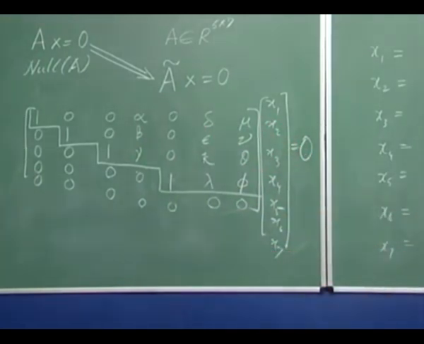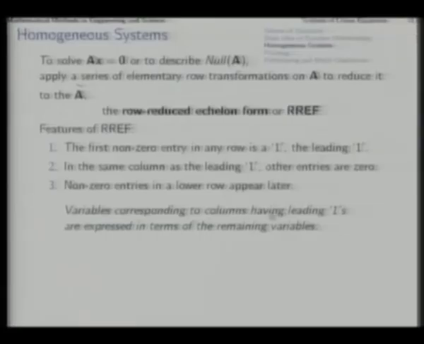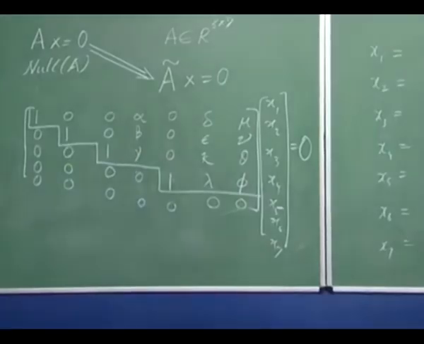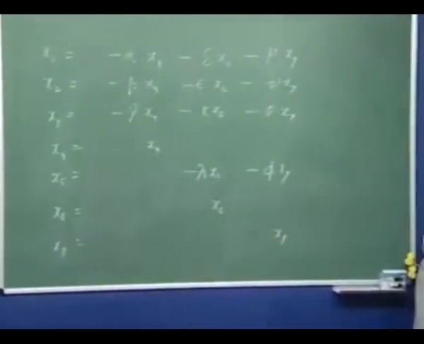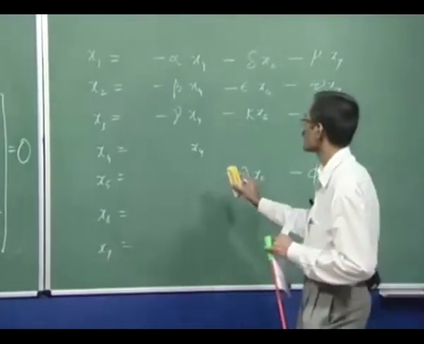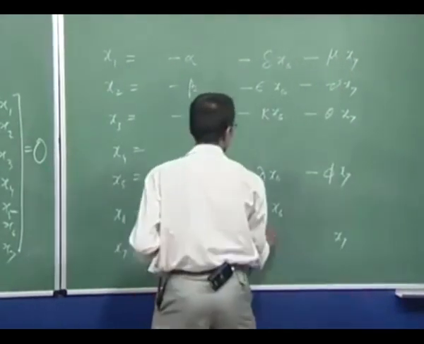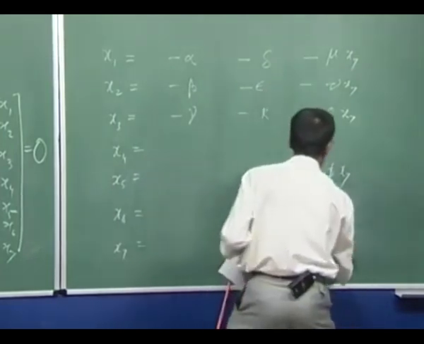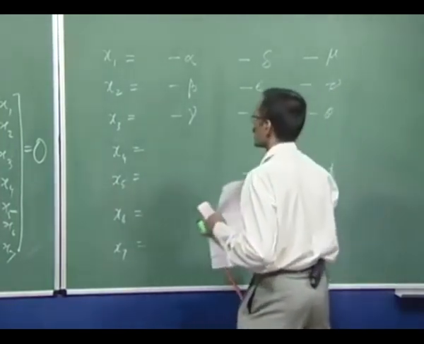And that is what we do as a rule. Variables corresponding to columns having leading ones are expressed in terms of the remaining variables, and this whole thing can be written nicely as a matrix vector multiplication, which will look like this.